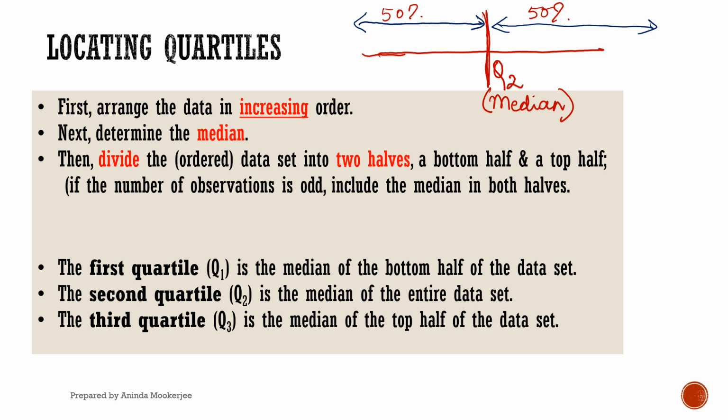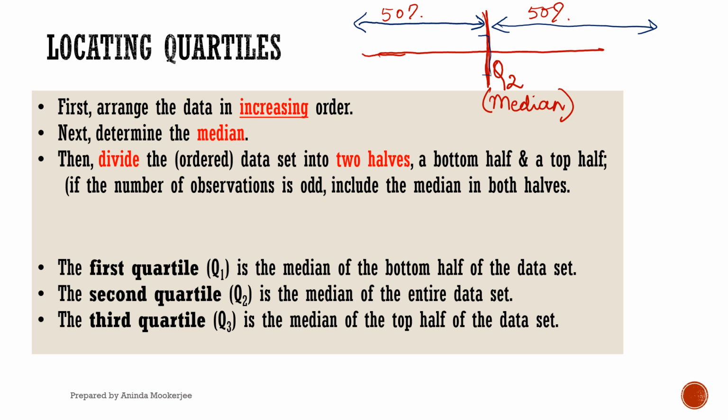All right, and if the number of observations is odd, include the median in both halves. So if n is an odd value, then we will include the median in both halves. If n is an even value, then you can leave out the median. We will work through an example of this. All right, so don't worry, but let me just try to explain the process at this time.